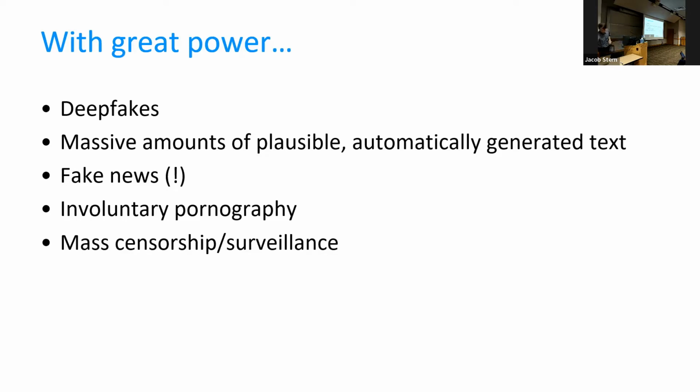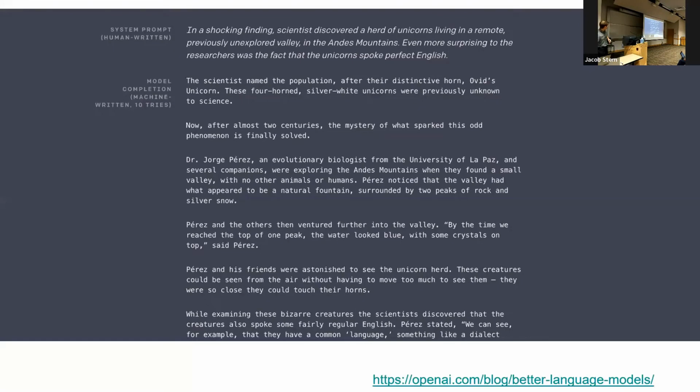Yeah, and so just a couple of headlines. Here's a fake news article written about a unicorn discovered in the Andes Mountains. I'll read this in case you can't see in the back. So the prompt is: in a shocking finding, scientists discovered a herd of unicorns living in a remote, previously unexplored valley in the Andes Mountains. Even more surprising to the researchers was the fact that the unicorns spoke perfect English.